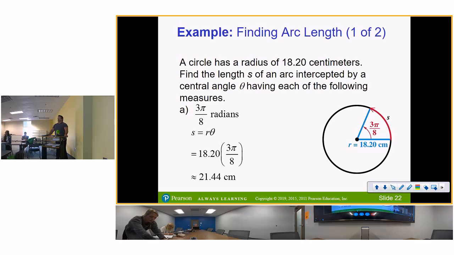Find the length S of an arc intersected by a central angle, theta, having each of the following measures. 3 pi over 8. 3 pi over 8 radians is your angle. So multiply by 3 pi over 8 times the radius. That's it.